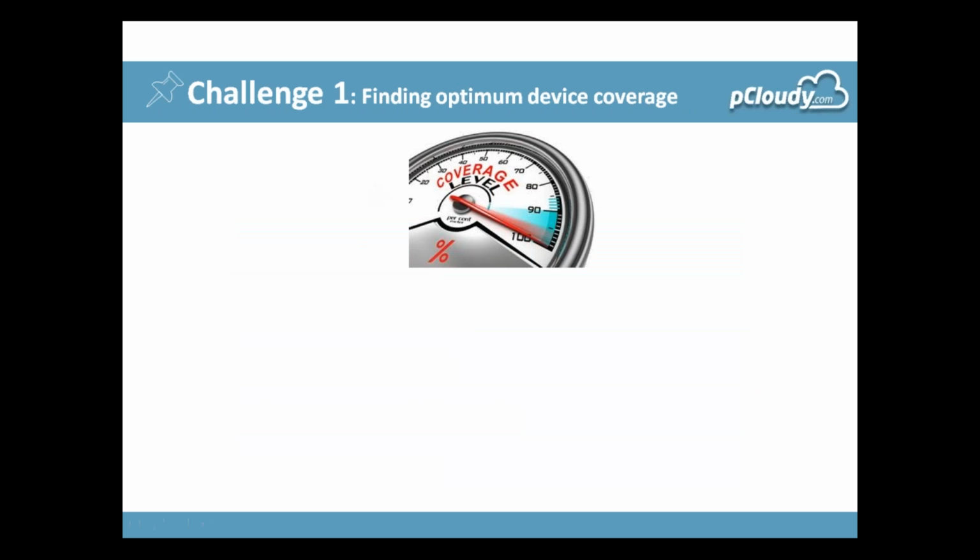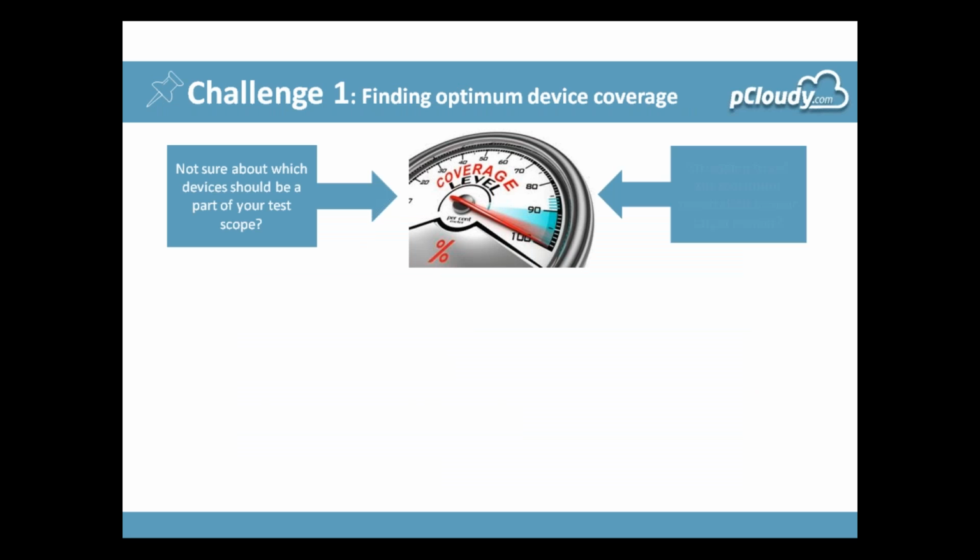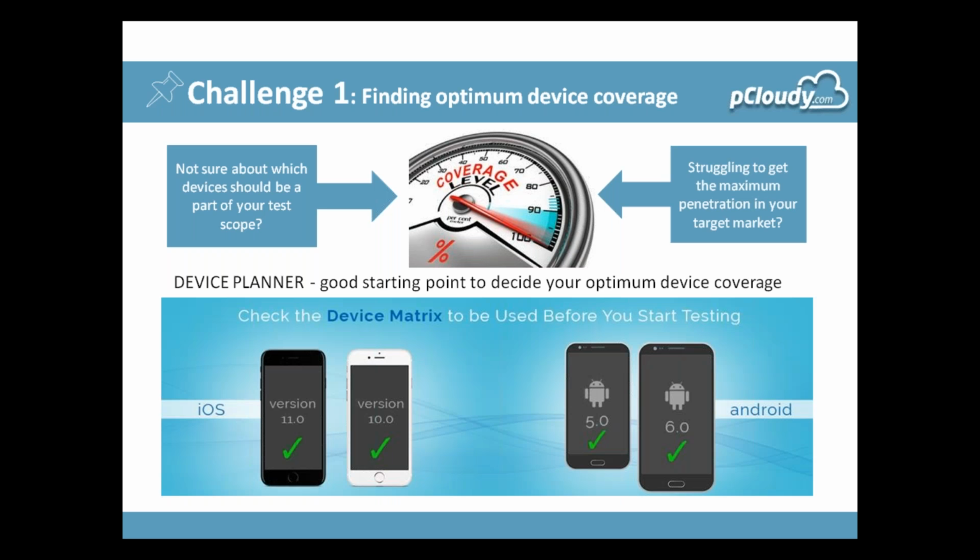But luckily, as part of pCloudy, we provide you data, which can be a very good starting point to figure out the right device coverage. And the feature that we provide is called Device Planner.